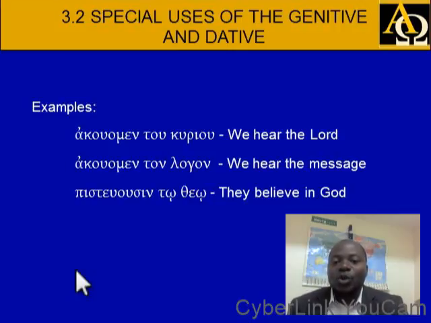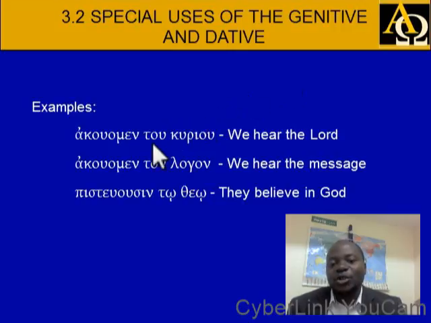So akuomen to kurio. Akuomen to kurio. We listen, we hear the Lord. So this is a special use of the genitive and the dative case. Instead of we hear of the Lord, in English we don't say we hear of the Lord, we say we hear the Lord.